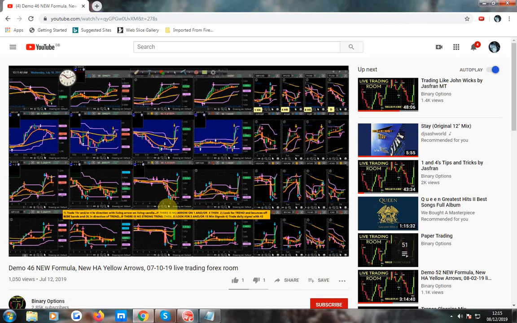If you can't suss direction, ask me, or look at doing this off the HA BB bands. Okay, because that is as mechanical as I can get it, guys, because as I said before, signals turn up late sometimes, they don't turn up at all, so effectively I've got to use the HA BB bands as a signal in themselves.